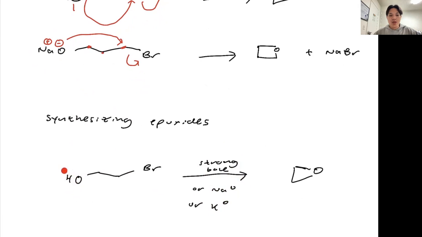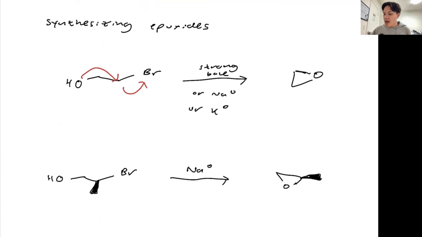So we just want to deprotonate this H and make this oxygen a good nucleophile by having it with a negative charge, like up top right here. And if it does that, it's going to attack in an SN2 way right there, and it goes back out, right? SN2 fashion.